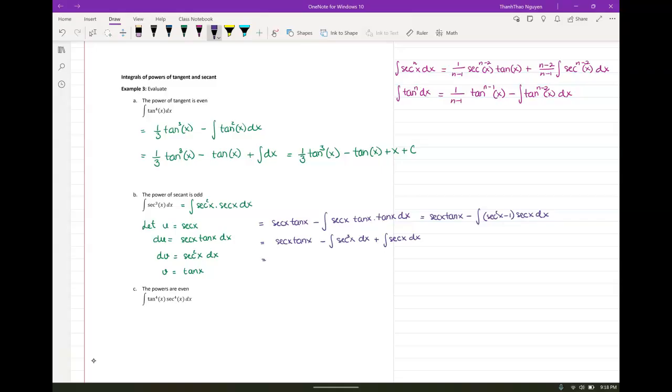Well, I know the integral of secant of x dx, so this is secant of x tangent of x plus ln of secant of x plus tangent of x minus the integral of secant cubed of x dx.